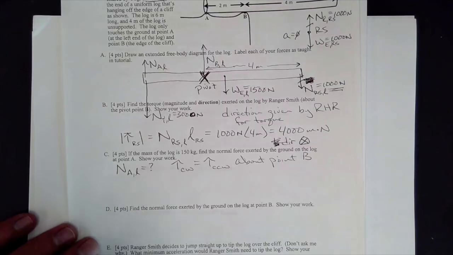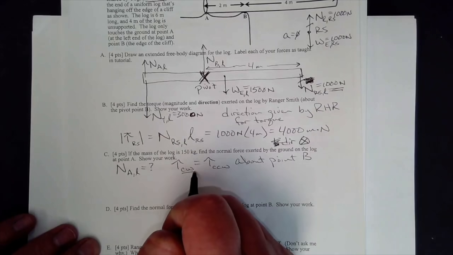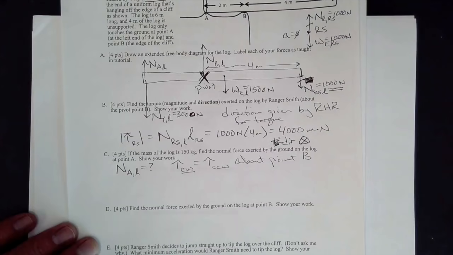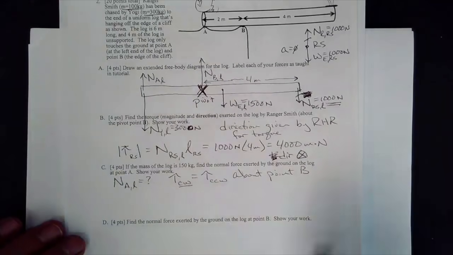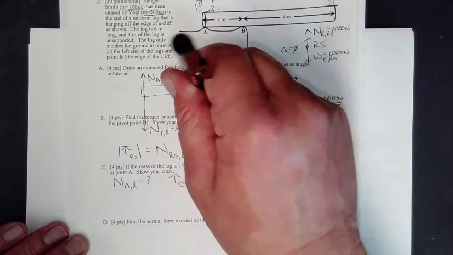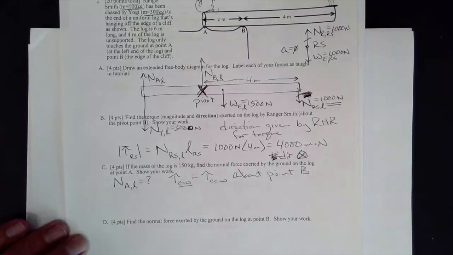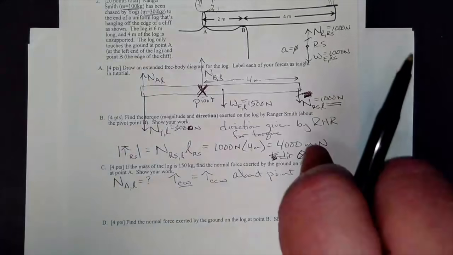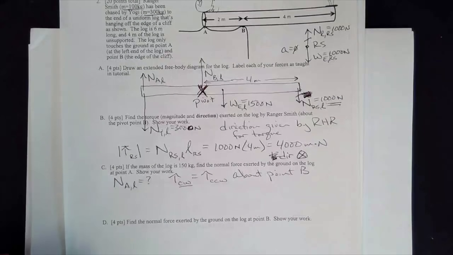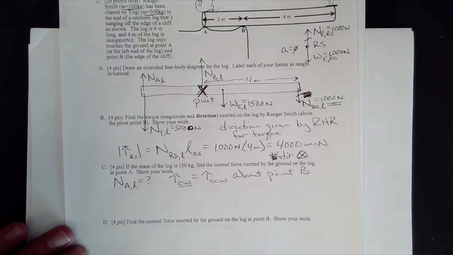Well, what I need to do is decide which of these forces are trying to make that log rotate clockwise about this pivot. Again, I play a little mind game where I pretend there's a great big golden spike going right through the log, forcing it to rotate at that point. And then I ask for each of the forces, is this force trying to make it go clockwise or counterclockwise about that pivot?